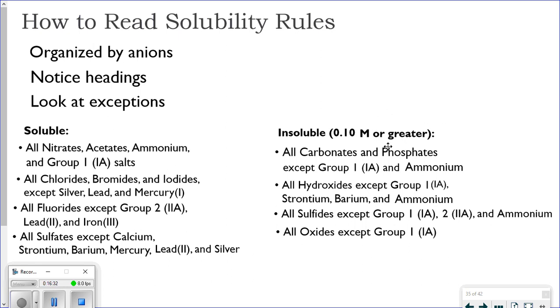If you're reading the insoluble column, carbonates and phosphates will always be insoluble unless it's group 1, like sodium, potassium, or ammonium, because those were always soluble. So remember, the exceptions are the opposite of the rule. Let's look at some of these and see if we can figure out if they are aqueous or solid.